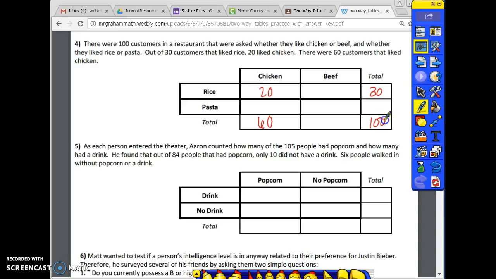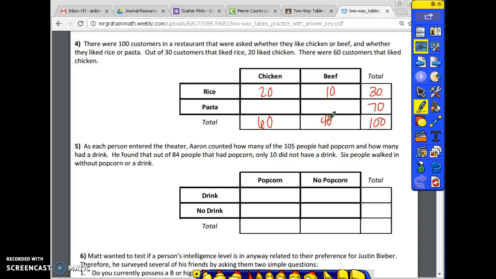We know that we have 100 total. So if the 30 of our 100 total like rice, then that leaves us with 70 that like pasta. If 30 like rice, 20 of those like chicken, and there's 10 left that like beef. If there are 60 that like chicken out of the 100 total, then 40 of them like beef.